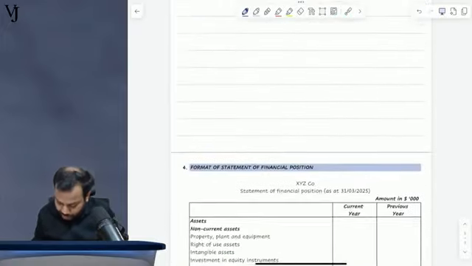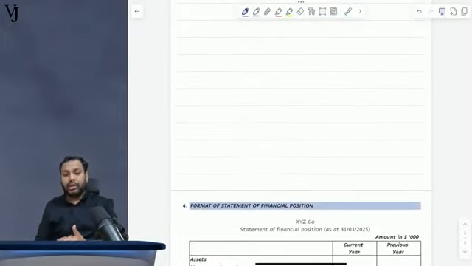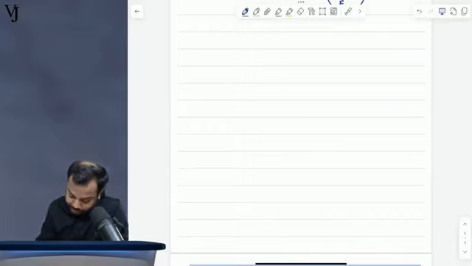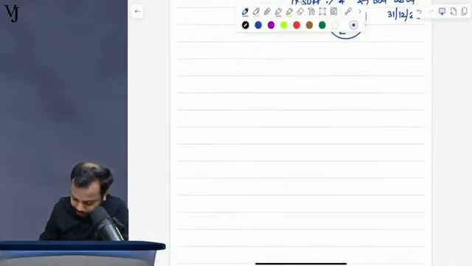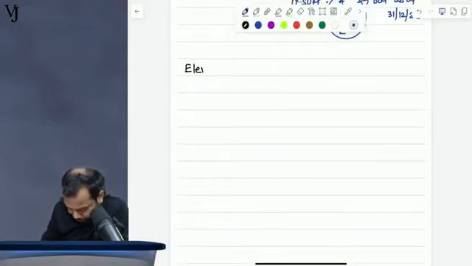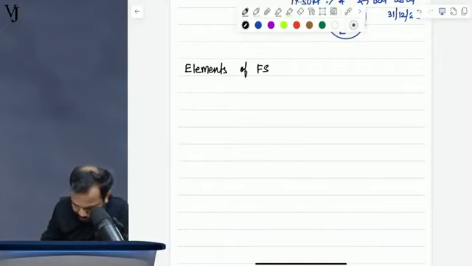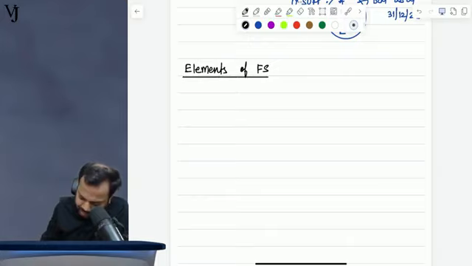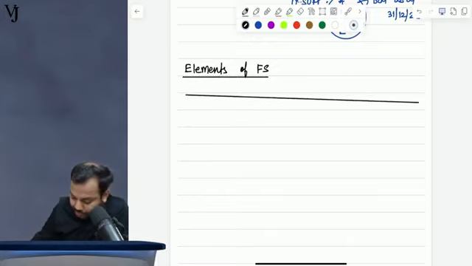Now, moving on to the next part. The elements of financial statements. So how many elements are there?